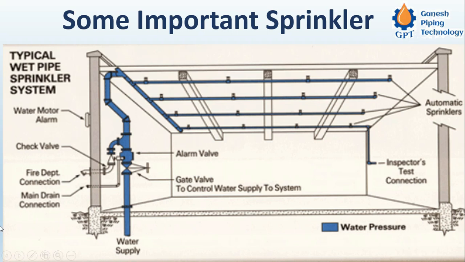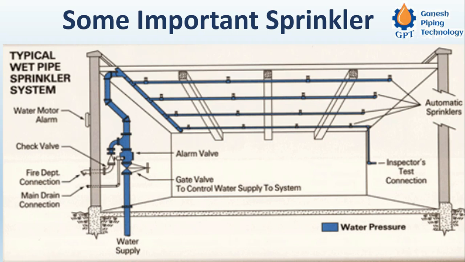As the fire aggravates and starts spreading to other parts of that building, the temperature in that particular localized zone will increase to such an extent that it will go beyond the fusion point temperature of the sprinkler bulb which we have seen.